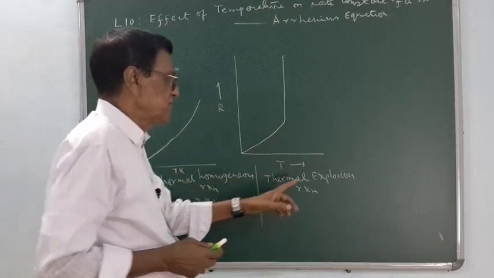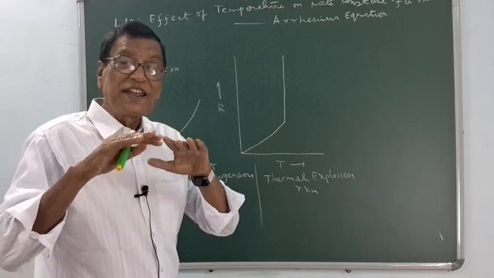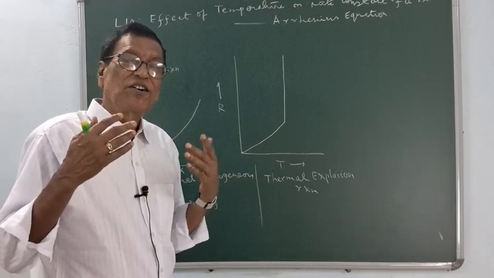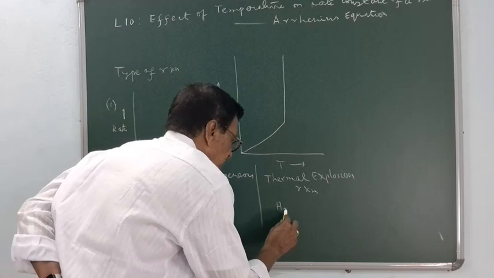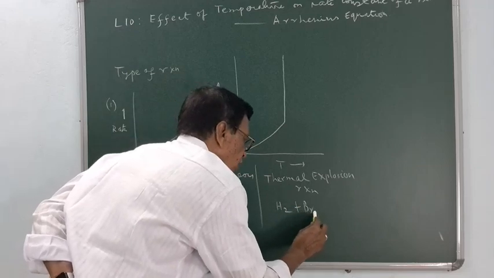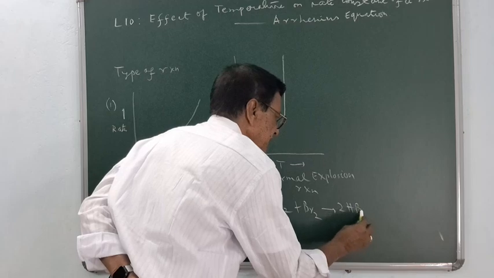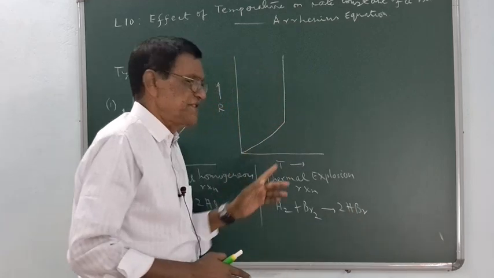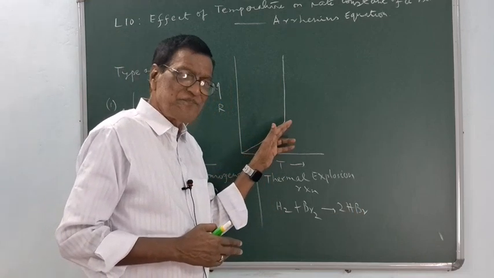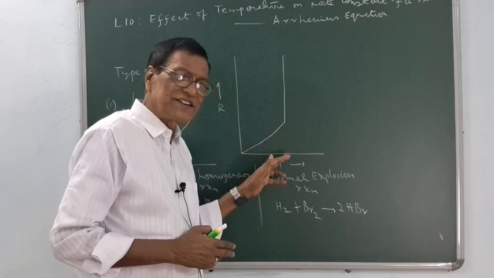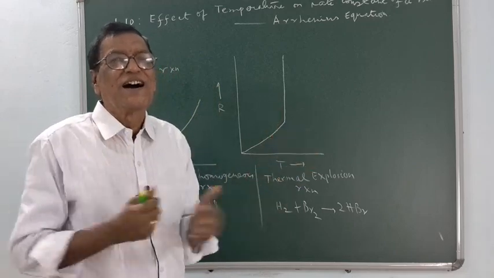And for thermal explosion, say explosions of TNT, trinitrotoluene, or say up to a certain range, hydrogen plus bromine, all in the gaseous state, giving you twice HBr. Up to a certain temperature it increases smoothly, and after a certain temperature, the reaction becomes tremendously high.